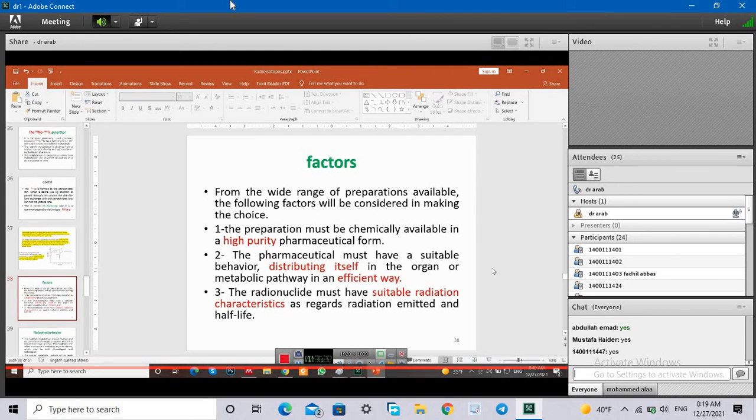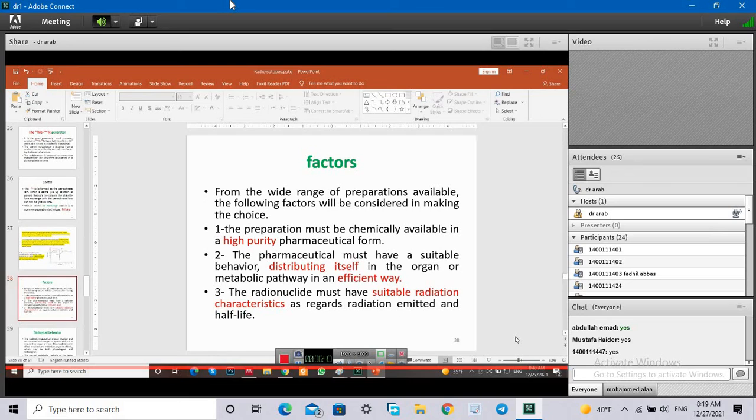The main properties an appropriate radionuclide should have include, at first, high chemical purity, such as radionuclides produced by fission process, in a cyclotron or generator.